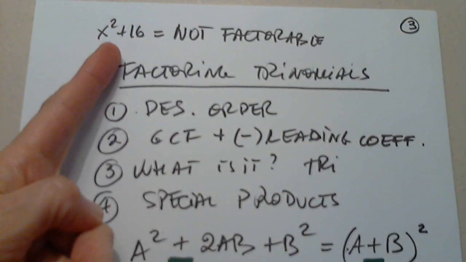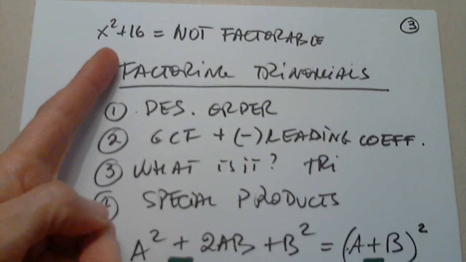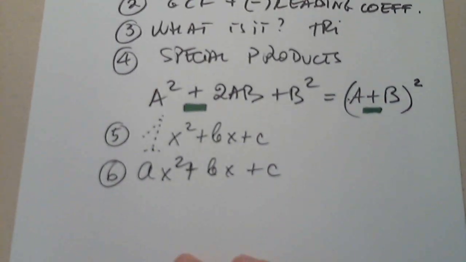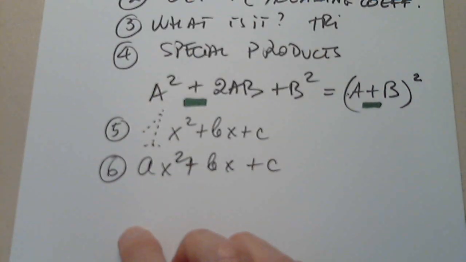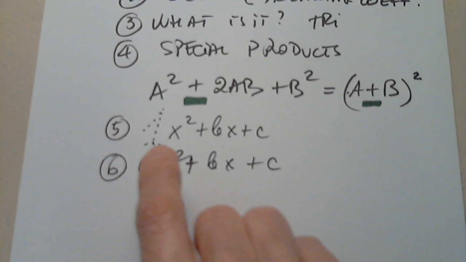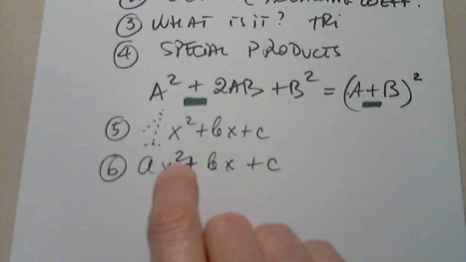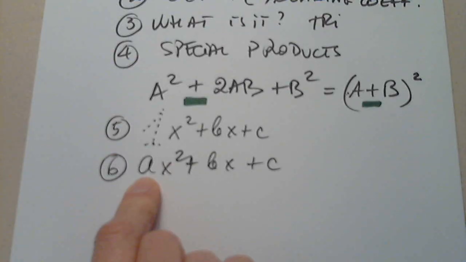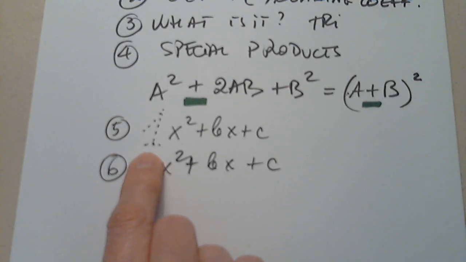But here, we only had special products. And then we said, that's it. I don't have anything else. It's prime. But for trinomials, we have more work to do. That's why I was saying they are more involved. So, what is this? This is a special case of this case, in which the leading coefficient is exactly 1.